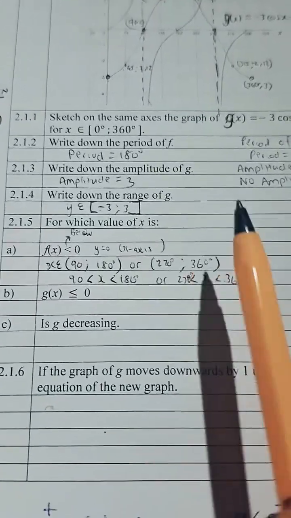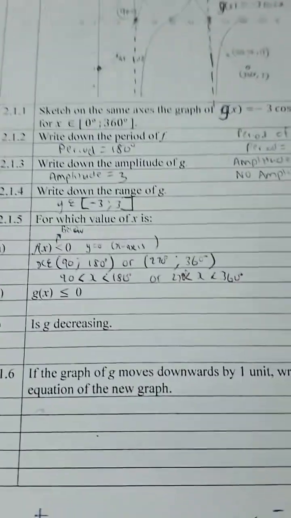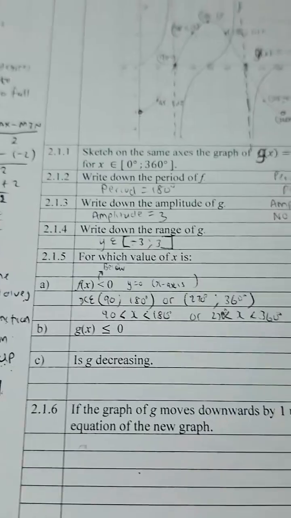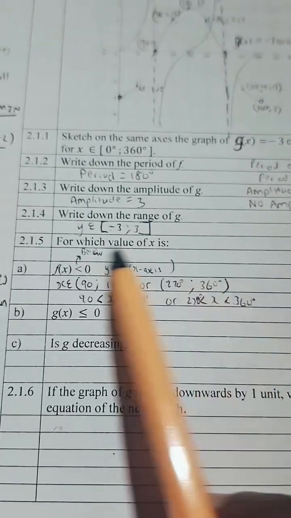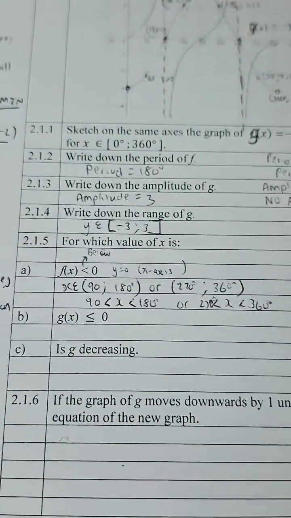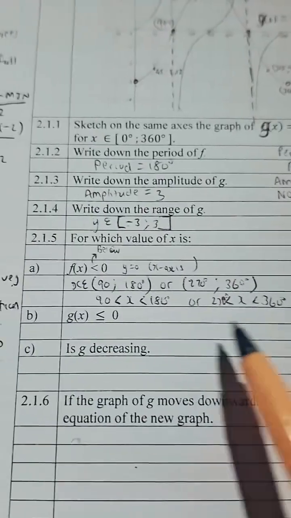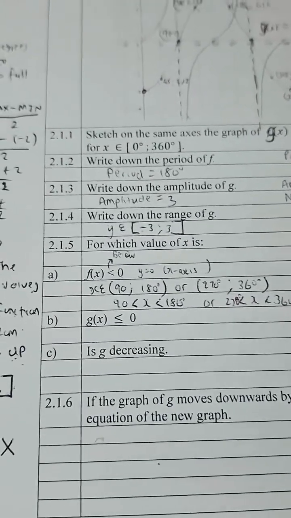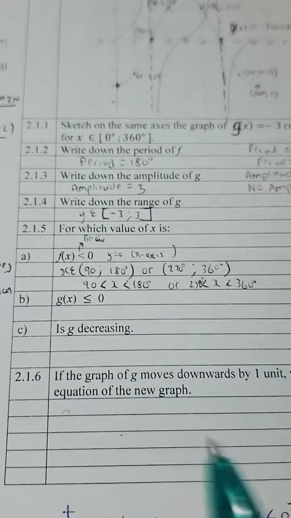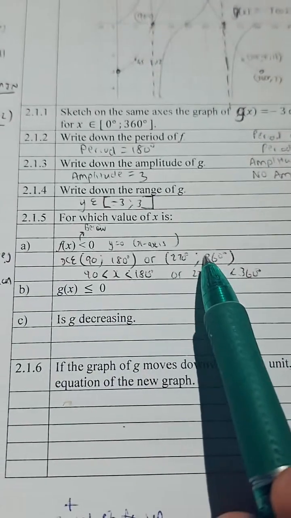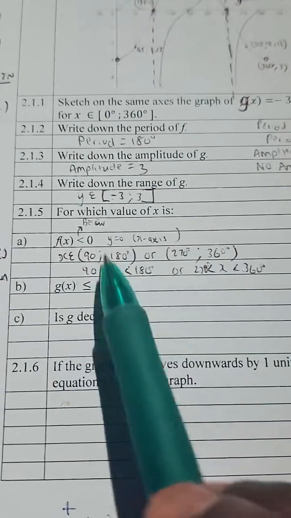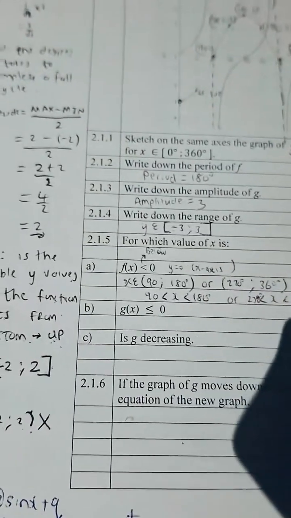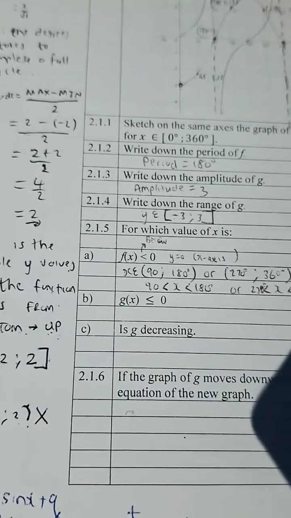Okay. Vienna, I prefer this way. That's fine. If you prefer this way, go ahead. Me, I'm the teacher, so I have to give you both ways so that I can allow you the chance to choose which way is most convenient for you. But remember, there's no need to write it in all these different ways. You just need to write it in one way. We call this interval notation.